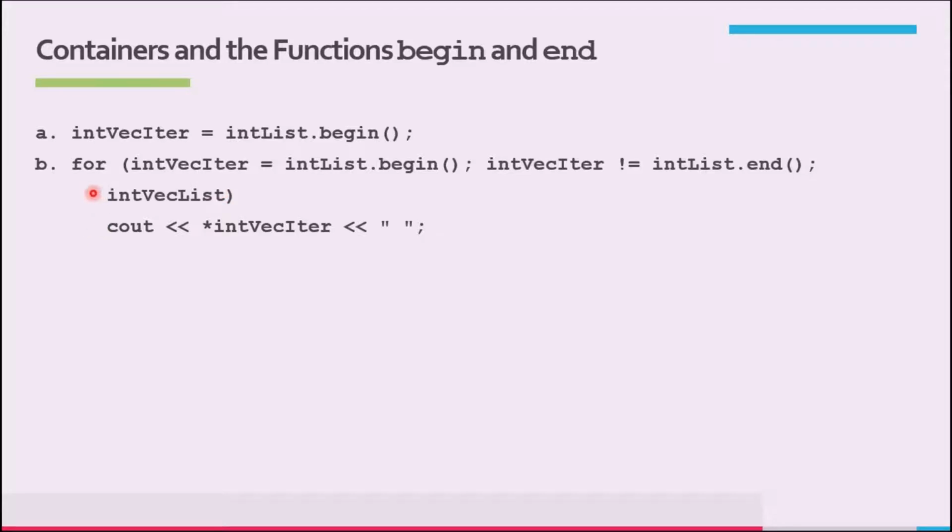Our declaration is intVecIter = intList.begin(); until intVecIter is not equal to intList.end(), and then cout << *intVecIter. So this is a pointer here, with the dereference operator, of course. This means this loop uses an iterator to output the elements of intList onto the standard output device, in that case our monitor.